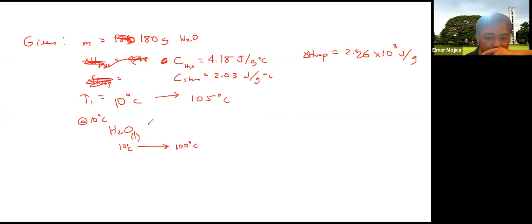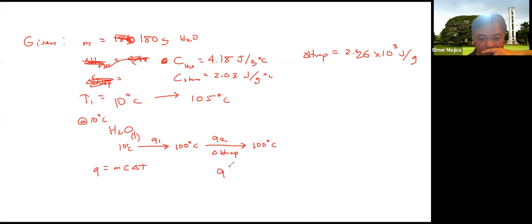So, ang gagamitin mo dyan ay ano? Yung Q equals to MC delta T. So that's your Q1. Okay? So once you have your Q1, ano yung Q2 mo? 100 degrees Celsius din, but this is the heat of vaporization.